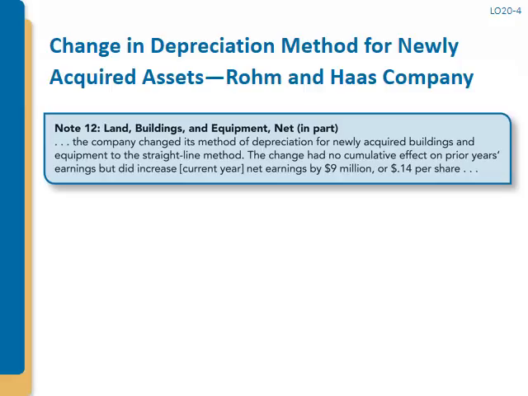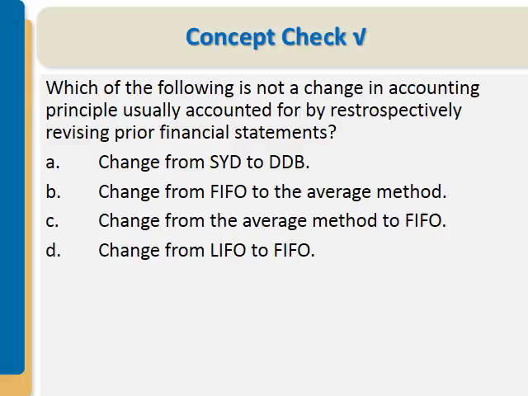When the distinction is not possible, the change should be treated as a change in estimate. This treatment is also appropriate when both a change in principle and a change in estimate occur simultaneously.